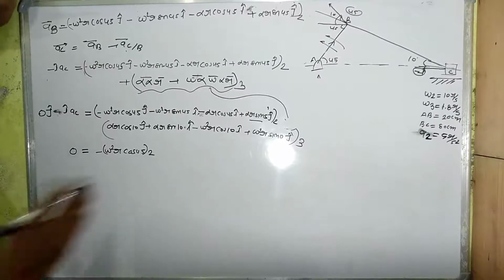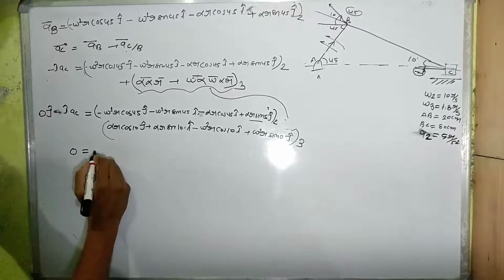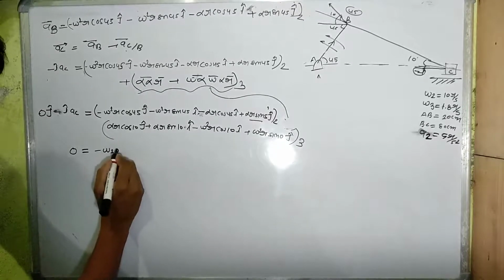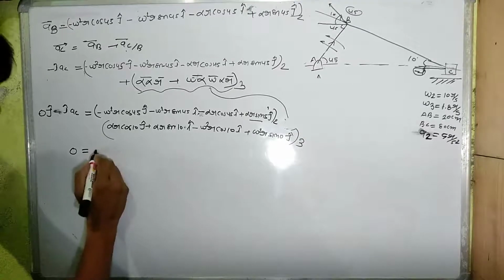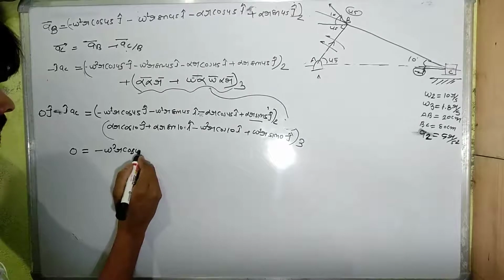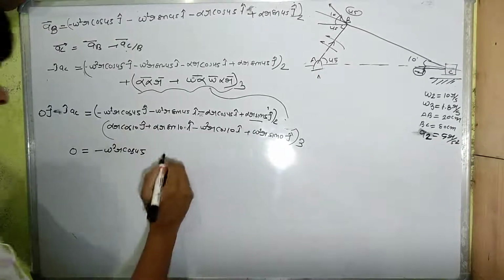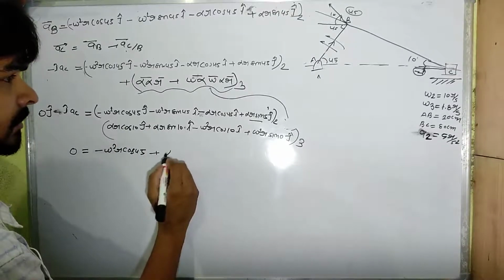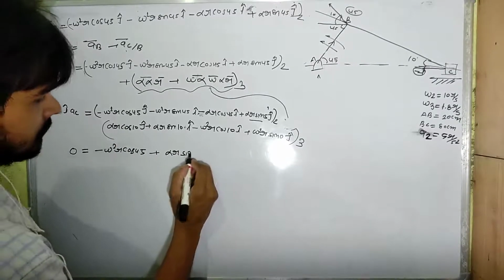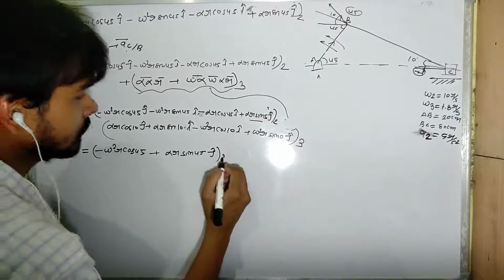Okay, look at here, minus omega square r cos 45 j cap, and plus alpha r sin 45 j cap, but this is for link 2.